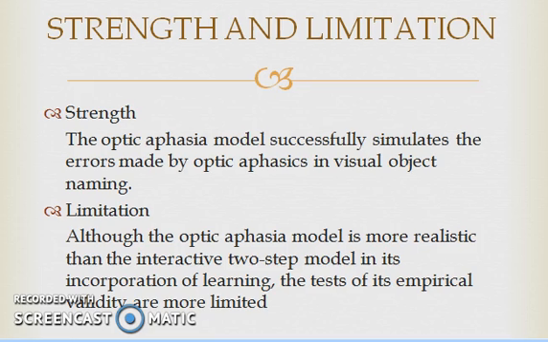And then the next is about strengths and limitations. The first is strength. The optic aphasia model successfully simulates the errors made by optic aphasics in visual object naming. It does this by storing visual and semantic representations of objects in a distributed manner and allowing the mapping between these representations to develop in a way that minimizes error, rather than imposing mapping according to a particular theory.